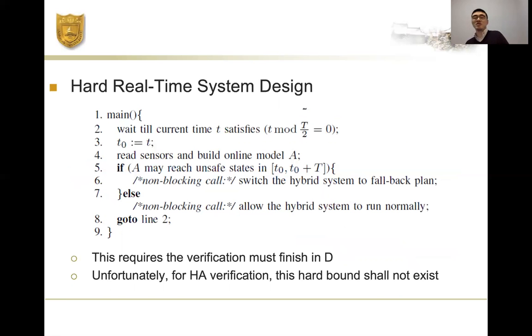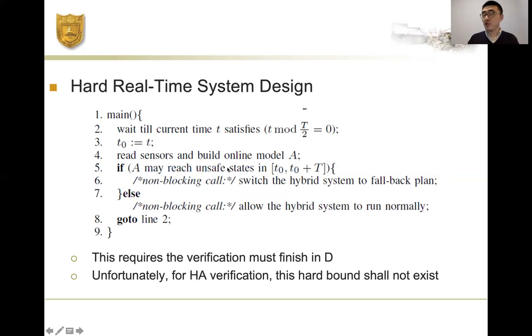And on this consideration, we also bring two designs. The first one is the hard real-time system design. And here is the code of the system. For the main loop, we wait till the current time t satisfies t mod half of the big T equal to 0, which means we wait to the middle of T. We read the sensors, build the model, and do the checking.